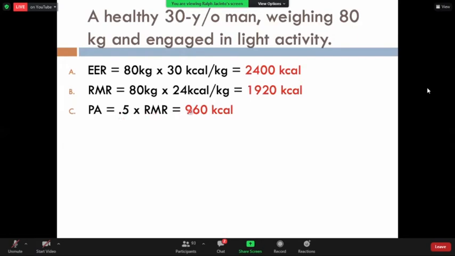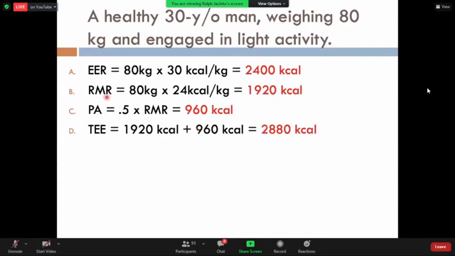So 960 kilocalories should be attributed to his physical activities. To get the total energy expenditure, you add the RMR and physical activity, so the total energy expenditure would be approximately 2,880 kilocalories. Okay?